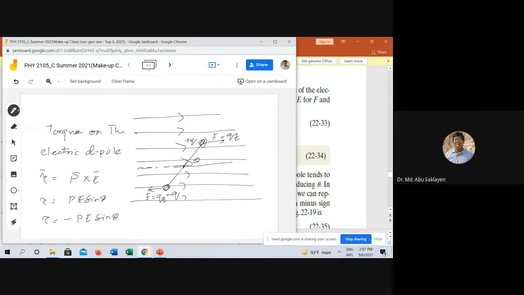We got it. This is the torque on the dipole, and due to this torque the dipole will rotate in the electric field like this. Sir, why am I getting the negative? Which one, negative? We talked about it in the last class.